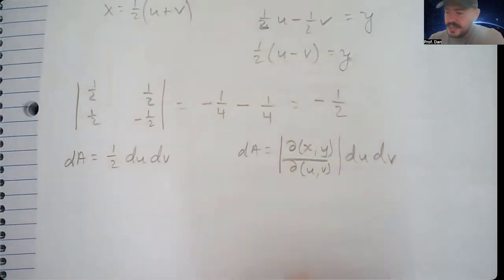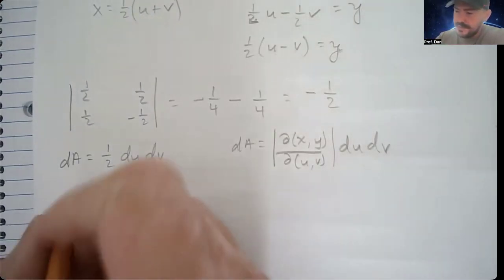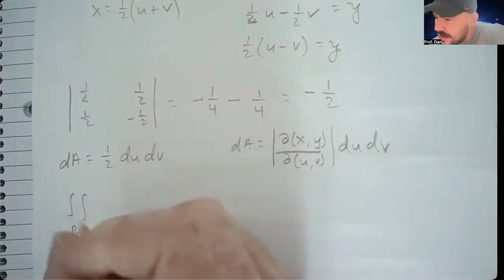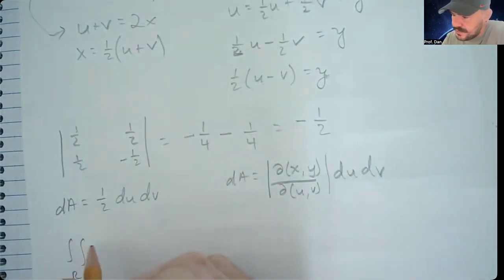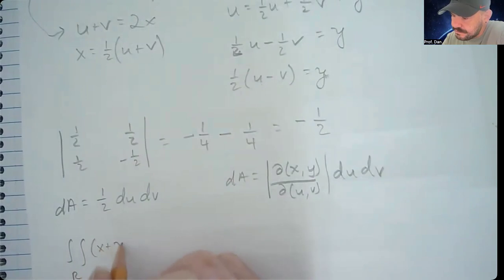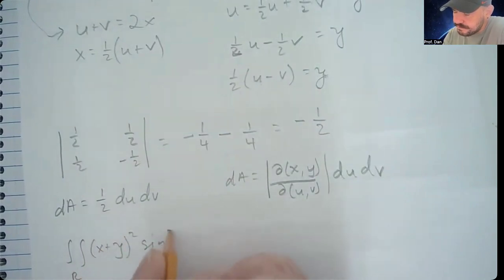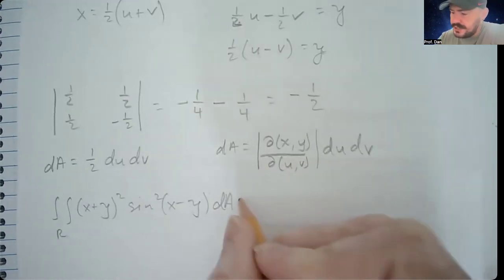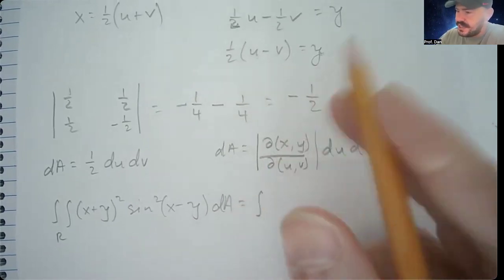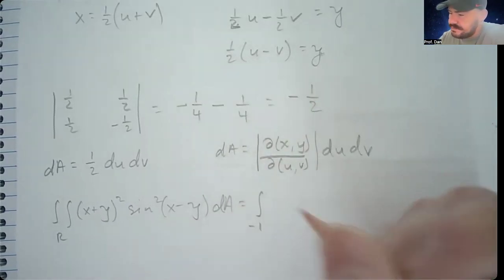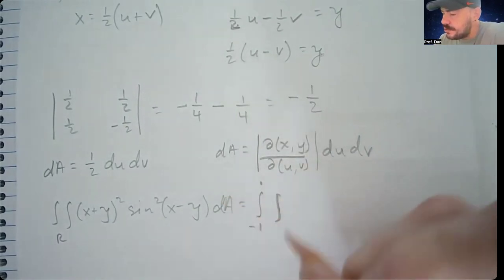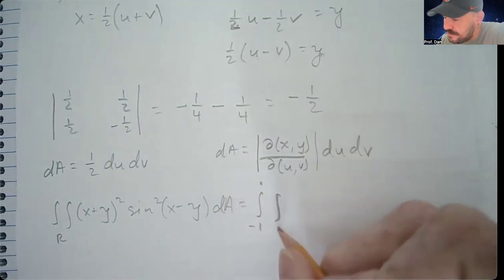So I can set up my double integral now. I know that the double integral over the region R of this function dA is equivalent to, let's say I choose to use v for the outer one, the integral from negative 1 to 1, integral from 1 to 3.